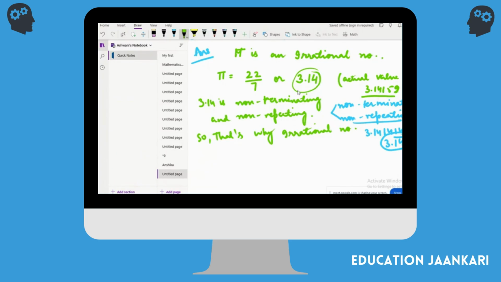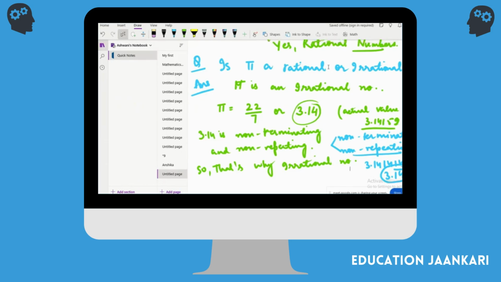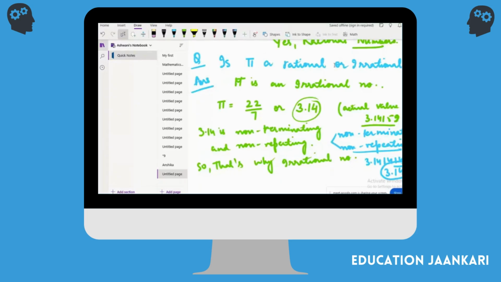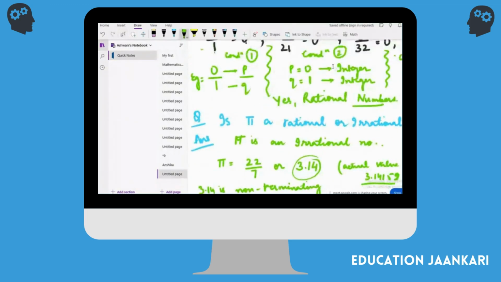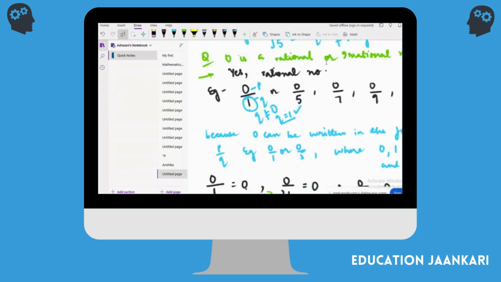This is rational numbers and irrational numbers. In grade 10th, you will be introduced to real numbers. So that will be covered in grade 10. But again, you will have rational numbers and irrational numbers there, and this question was there in boards: why is zero a rational number?